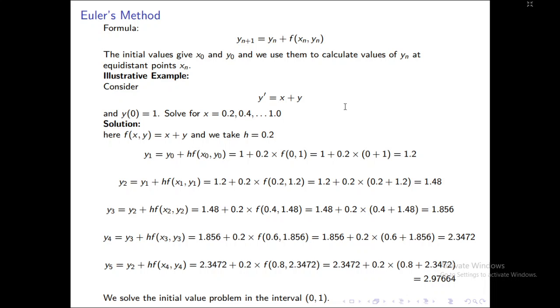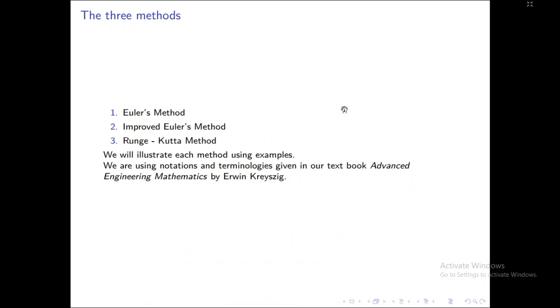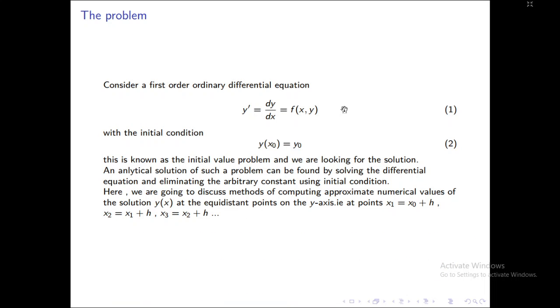It is based on the formula y n plus 1 is equal to y n plus h f of x n, y n. So that is a recurrence formula. The value of y n plus 1 is given in terms of y n and the value of the function at x n, y n. Remember, f of x n, y n is given by our equation number 1, that is dy by dx is equal to f of x, y, and this is not the solution, it is the value of dy by dx.